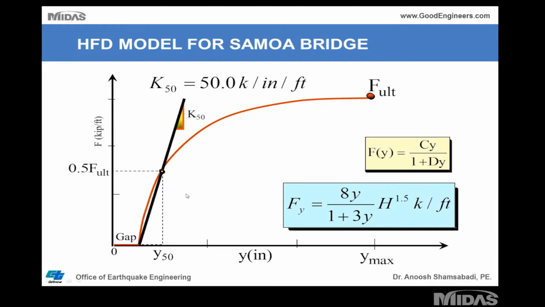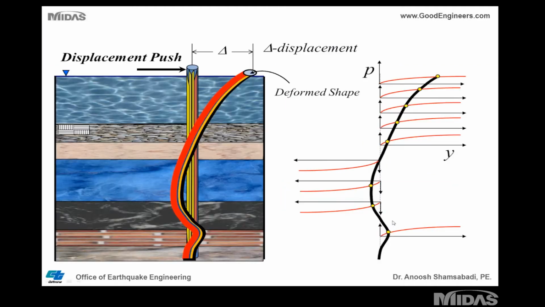Then you don't have to use a gap element in the finite element model, because once you use a gap element and you want to use time history, it takes a longer time to find the right solution. But if you put the gap as part of your backbone, it'll be done in no time. The computer program doesn't know this is a gap element. It just takes it as part of your backbone curve. So that's how you develop the backbone for the abutment.